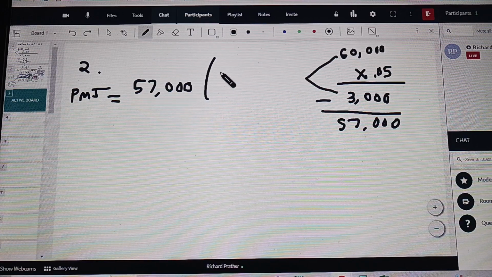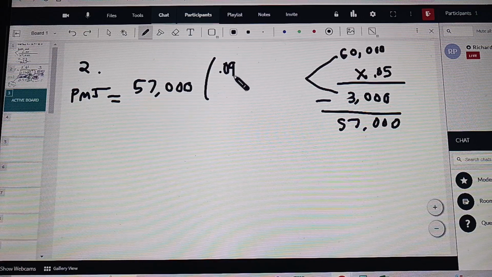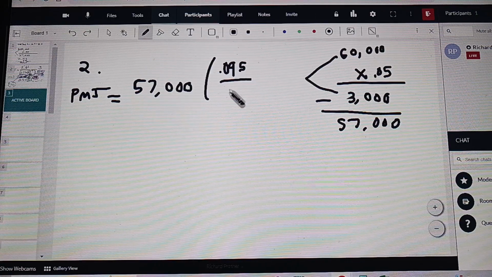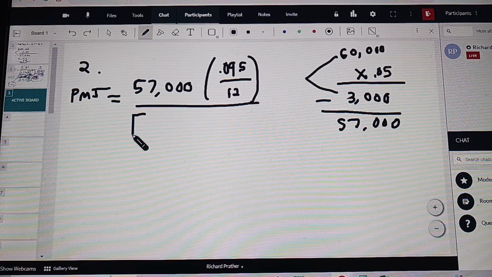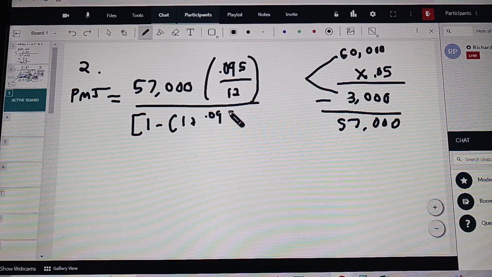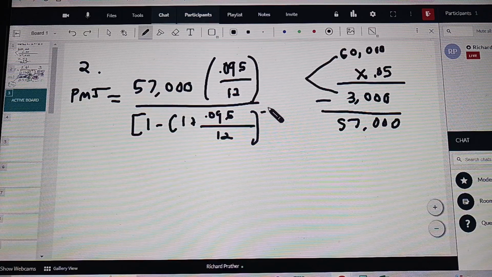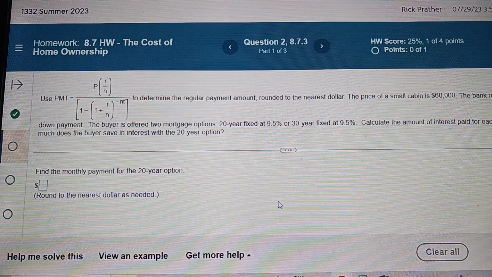And the interest rate here is 0.095. And we always do monthly for homes and cars. And then in the bottom, 1 minus, 1 plus R over N again, to the negative 12 times, and I think they want 20 first. 20 year, then 30 year.